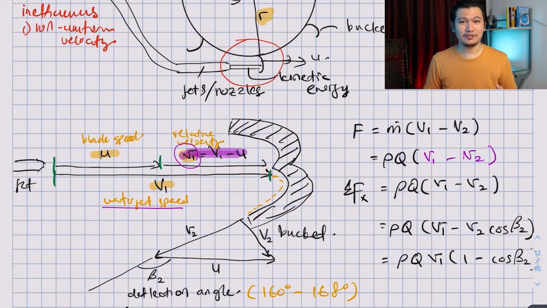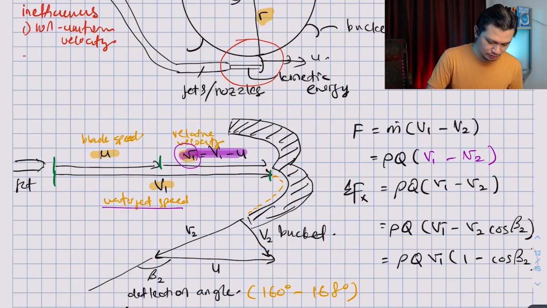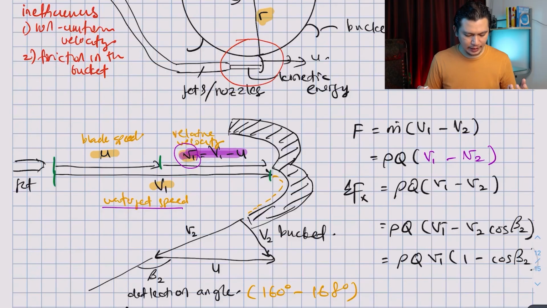The next reason for inefficiency is, if you remember, just now we assumed that V1 equals V2, with no friction whatsoever inside the bucket. But in real life, of course, there is friction in the bucket. So it could be friction in the bucket. And finally, that I can think of, is the friction inside the jet.